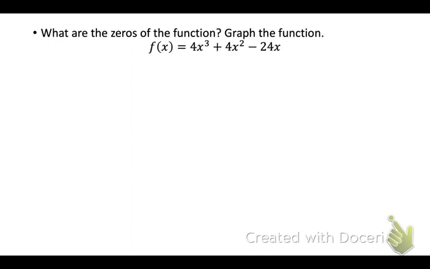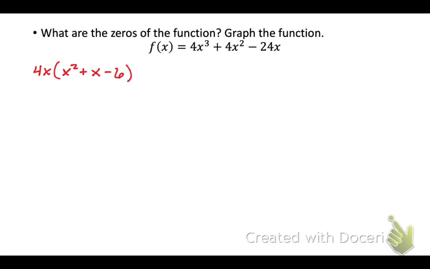Okay, so I can factor out a 4 and an x, correct? And I'm left with x squared plus x minus 6, not 6x, because we took out all the x, right?